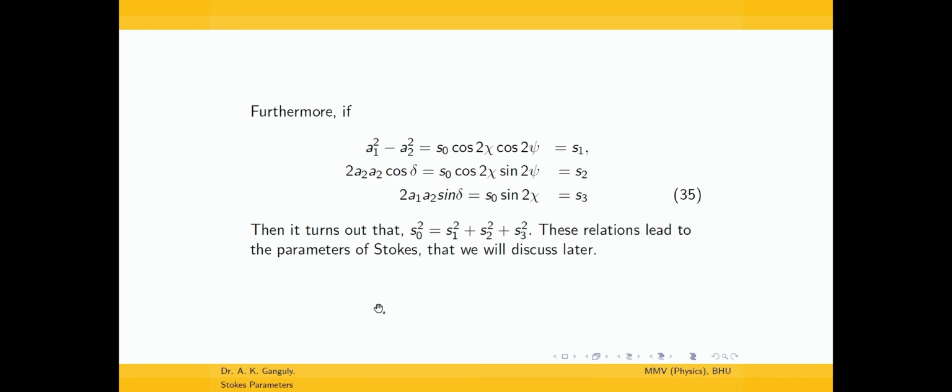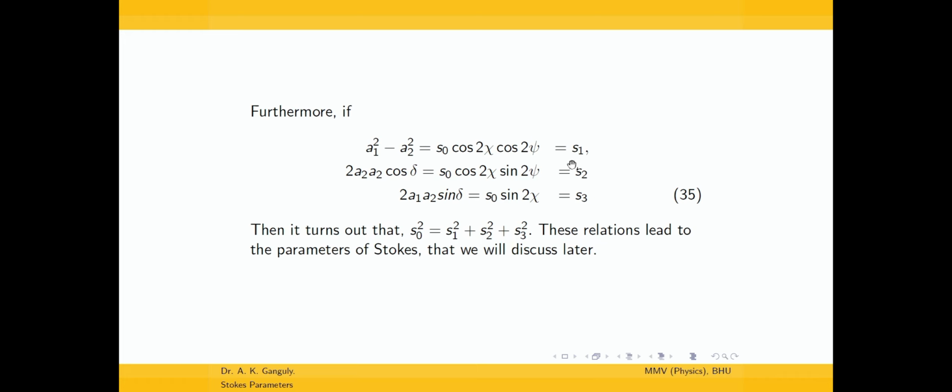We should come to end this discussion by noticing that if we define the difference of the squares of the original semi major and semi minor axis of the ellipse, this can be related to the cosine of two angles, and these two angles are the ellipticity angle and the polarization angle, and two other similar such relations.